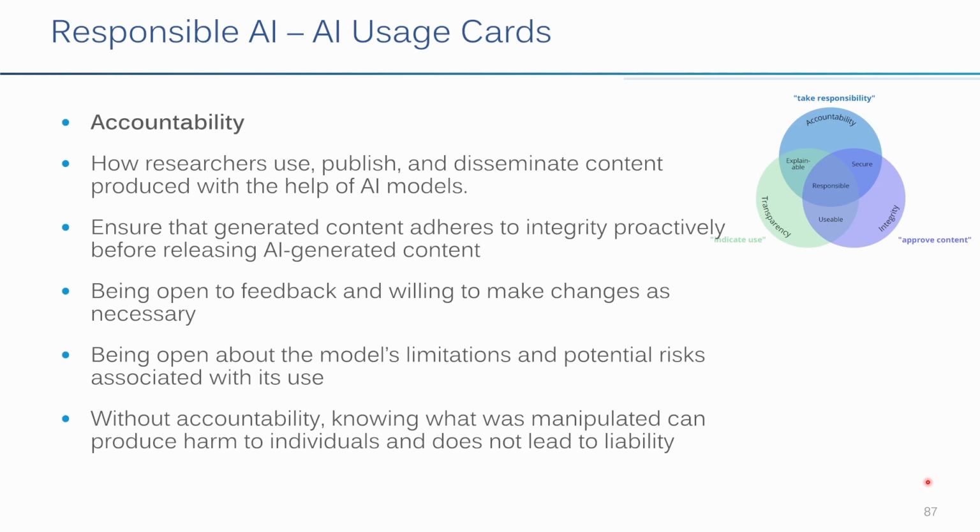And when we talk about accountability, most of the time we associate it with the fact that if something goes wrong, someone has to pay the bill. That's true. However, it can also be used to improve whatever output or model we have. By having someone accountable in this process, we're able to provide feedback to improve those models and make changes if necessary.